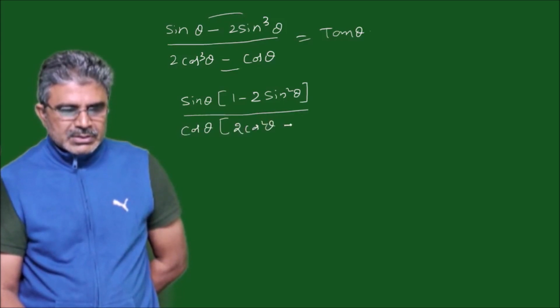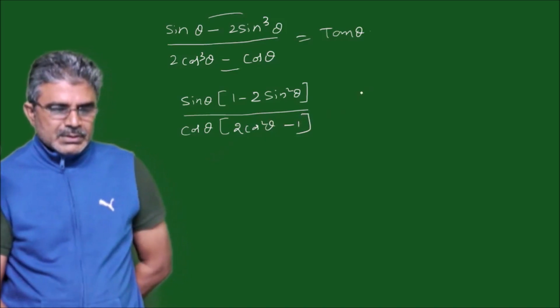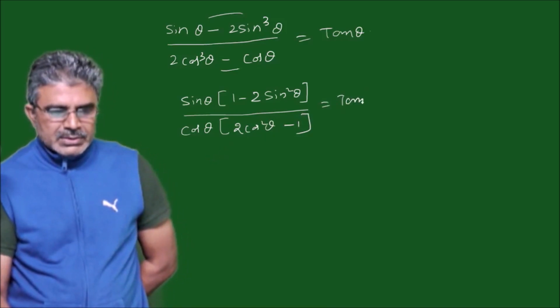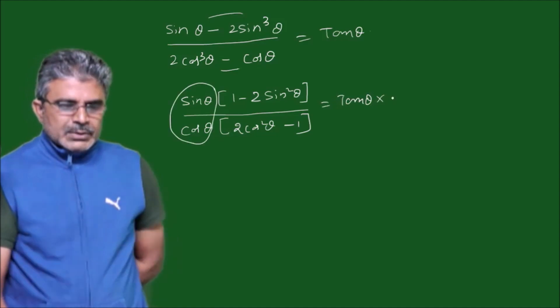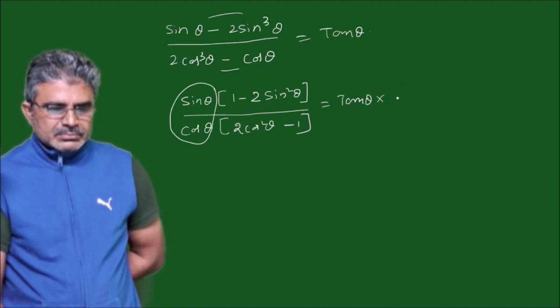2 cos square theta minus 1, which will give tan theta into, so I want to split this one, but there is no way.